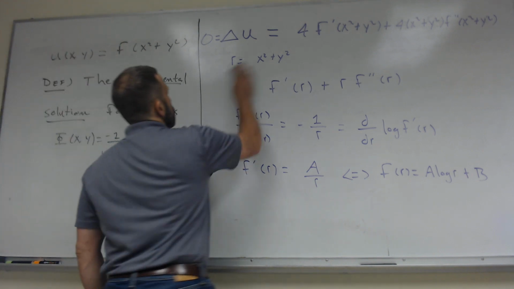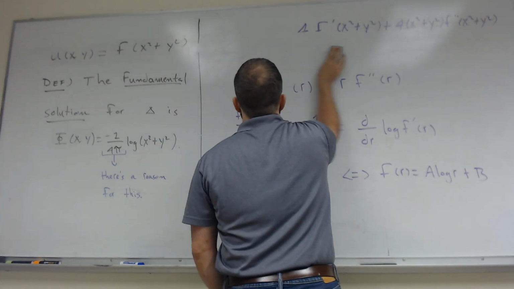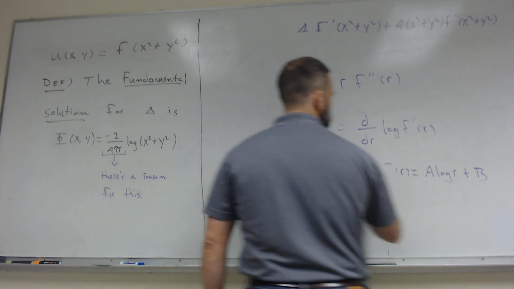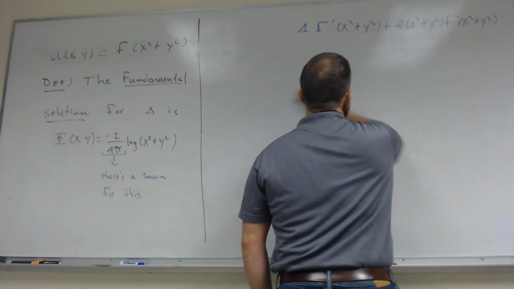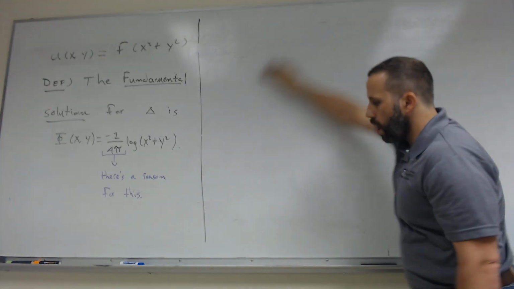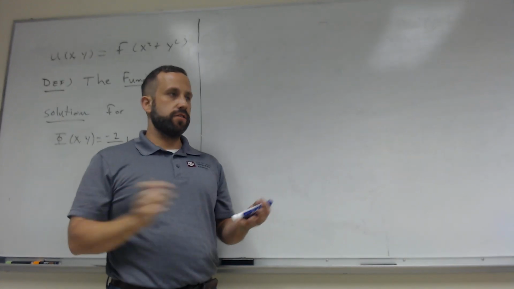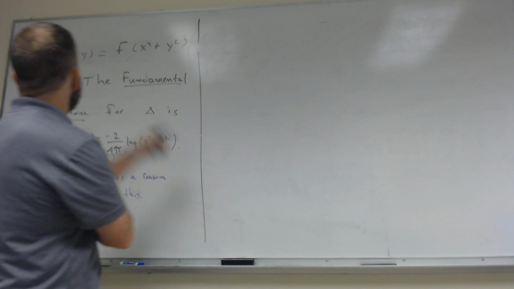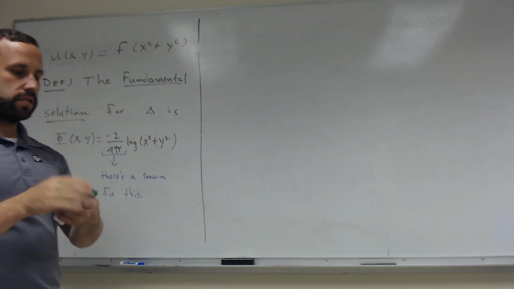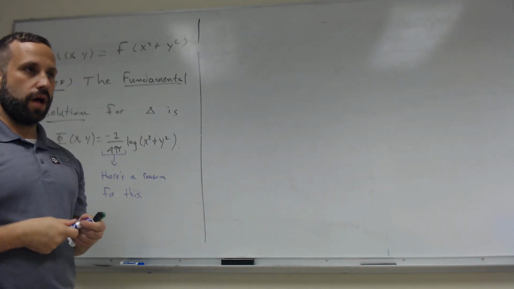Okay, now, obviously, if we have something called the fundamental solution for Laplace's equation, well, the fundamental solution for the heat equation allowed us to solve the heat equation. So it seems like maybe the fundamental solution for Laplace's equation should help us solve Laplace's equation.